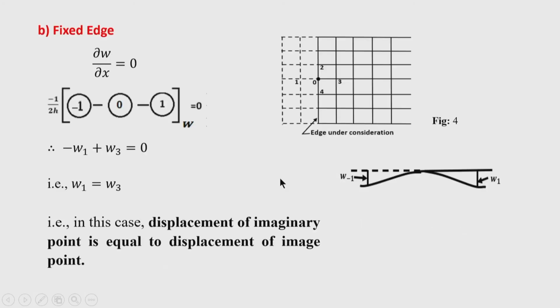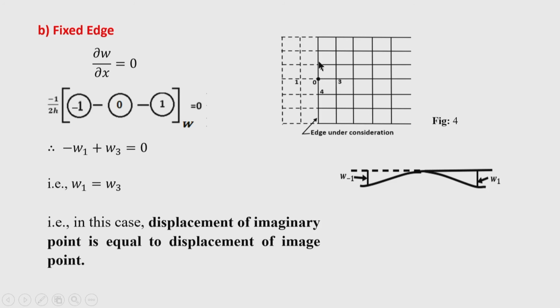Now, let us go to the fixed edge. The fixed edge condition is depicted by del W by del x equal to 0, and the deflection is also 0. When this stencil is placed here, 0 is the center. The other values are at the imaginary point 1 and one value at the image point.